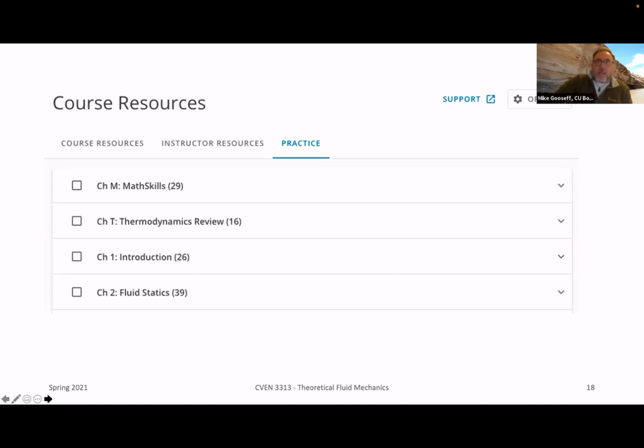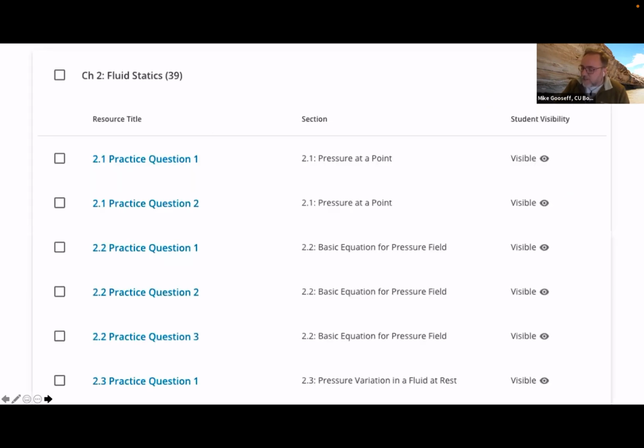But real quick, I wanted to ask you a question. When you go into Canvas and you click on the Wiley online resources, do you get a page that looks like this? Of course, I expect you probably won't see that, because you're not instructors. But do you get this practice tab? If you do, you could go down to the fluid statics, check this, and the next slide for me looks like this, where I have all of these practice questions.